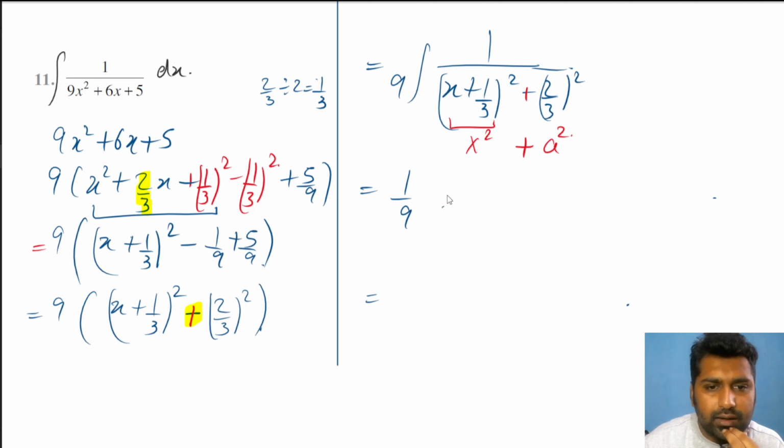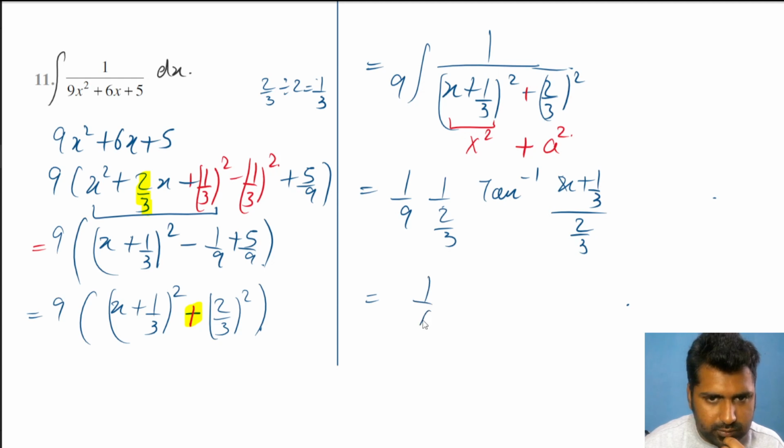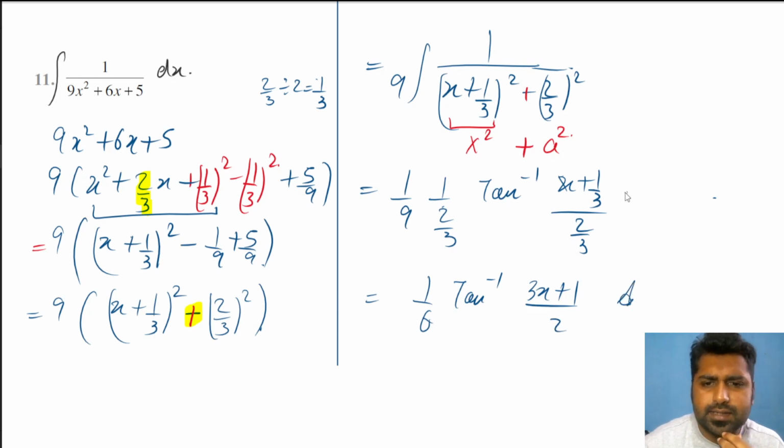Yeah. So tan 1 by a. So 1 by 2 by 3. Tan inverse x by a. So x is x plus 1 by 3 and a is 2 by 3. Okay. So this becomes 1 by 6 tan inverse 3x plus 1 upon 2. That's the answer. And plus c, of course.